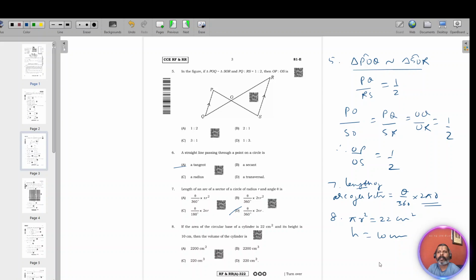Pi r square is given as 22, h is given as 10. Don't try to find r here because the base area of a cylinder is pi r square only. So 22 into 10, 220 cm cube. Volume unit you write as cm cube. What is the answer here? 220 cm cube. C is the answer.